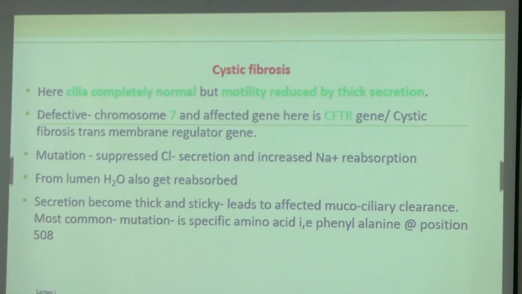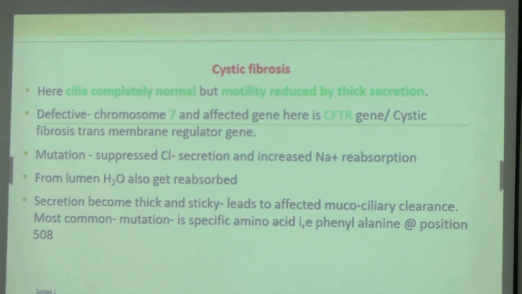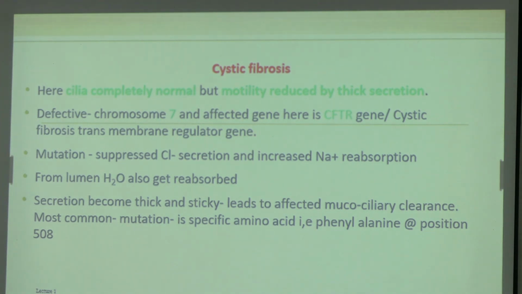In the previous case, cilia get damaged, but here, cilia are completely normal, right? Cilia are completely normal, but motility is reduced. So why? Because in cystic fibrosis, suppose this is the tract.